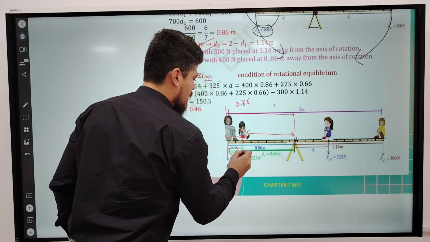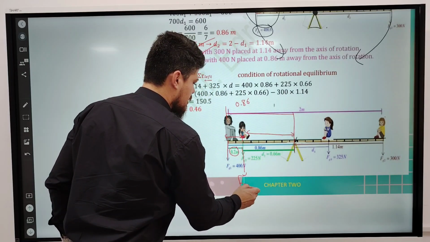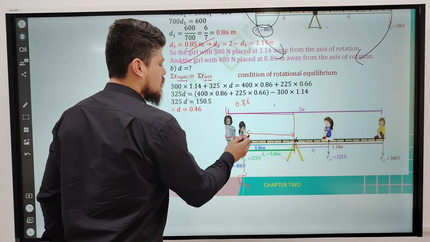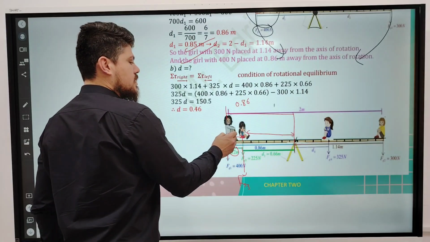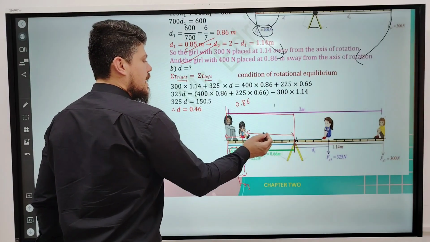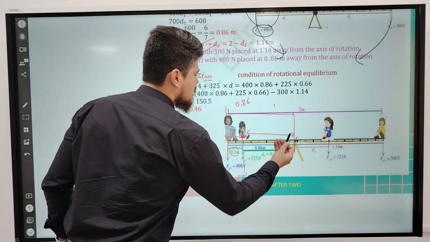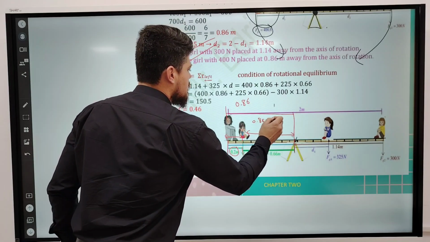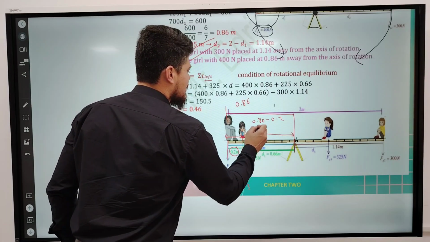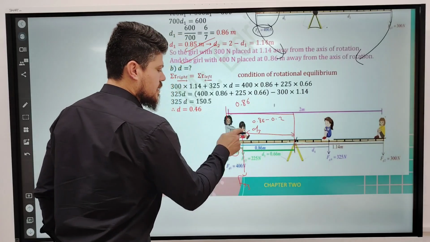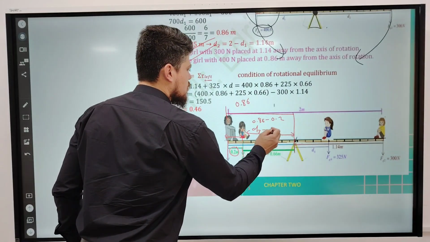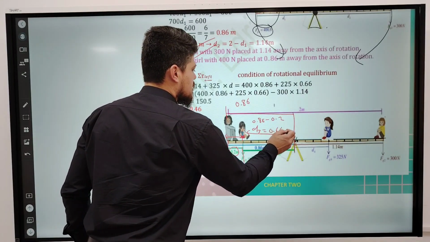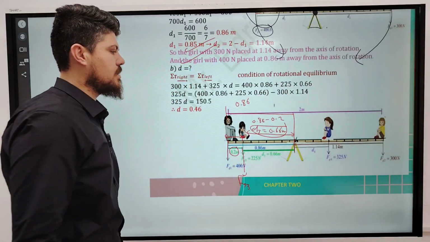This is the third child, okay? Fg3. The third child is placed 0.2 meter away from the child with the 400 Newton. And what is remaining in this distance? You have to say 0.86 minus 0.2. So the distance D3 of the third weight is equal to 0.66 meter. This is very important, be careful.